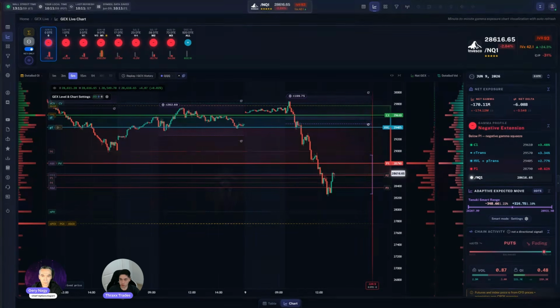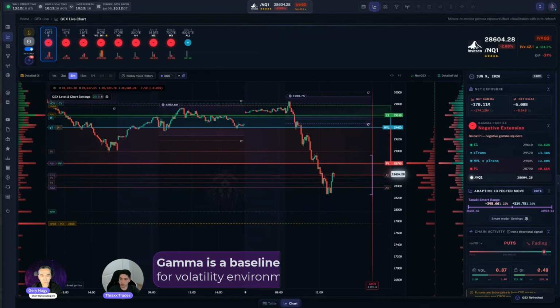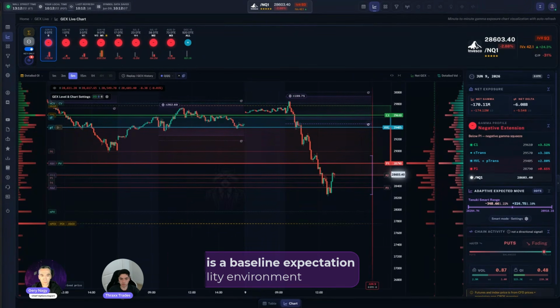It is also important to note where we're at in terms of the significant levels, because the way I may treat a positive gamma environment may be slightly different if we end up accepting past the call wall, and vice versa for a negative gamma environment. So it's just baseline expectations in terms of volatility for me.